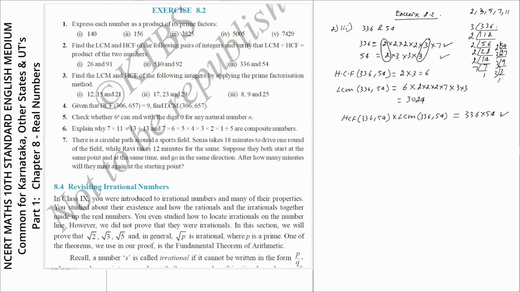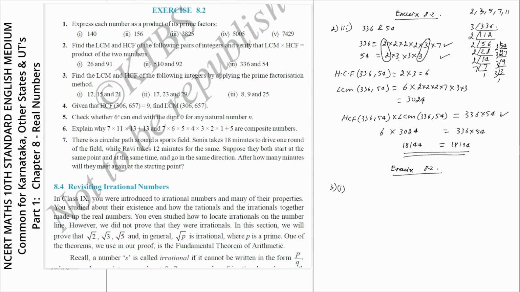So here I got 6 and this is 3024. If I multiply these two, and on the right hand side 336 into 54, in both the sides you will get 18144. I have skipped the multiplication. Please check it out.